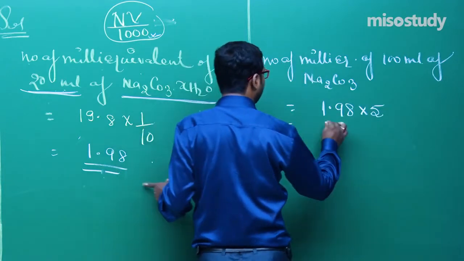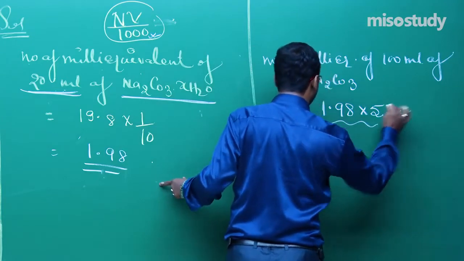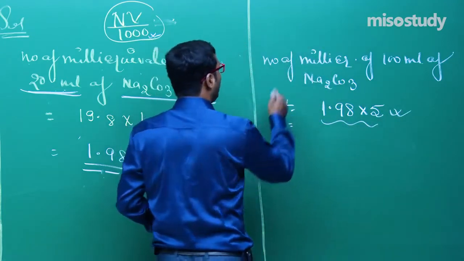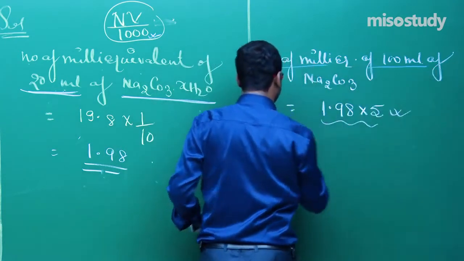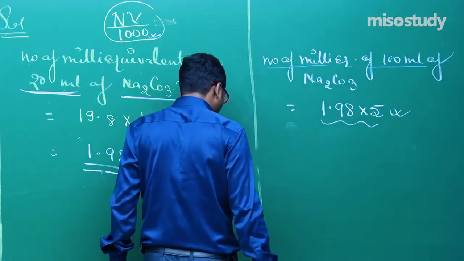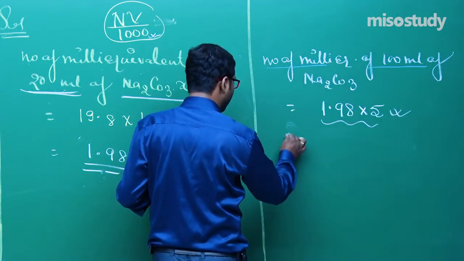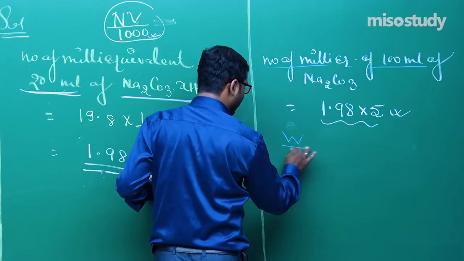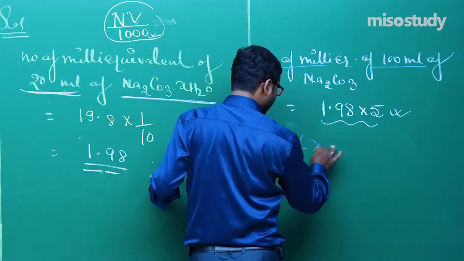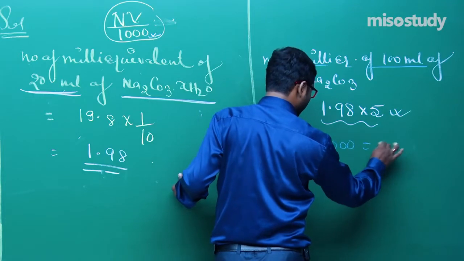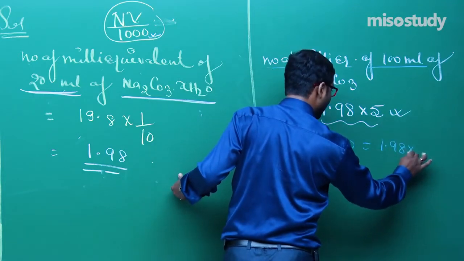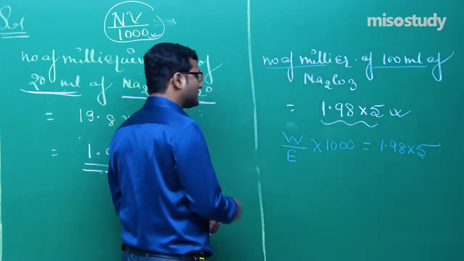Clear to you what I'm telling? As we know, milli equivalent is given mass upon equivalent mass multiplied by 1000, which is equal to 1.98 multiplied by 5.